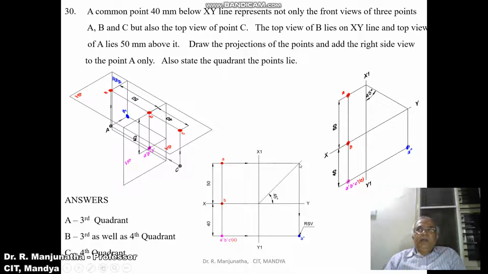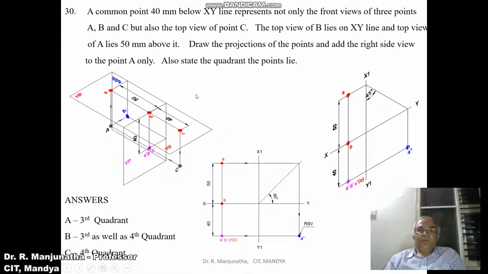And from the front view A dash, you draw a horizontal projector to the profile view, and from the 45 degree line point you draw a vertical projector. Both will intersect at this point. You mark this point as A double dash. Since it is the right side view, you mark this point as the right side view.